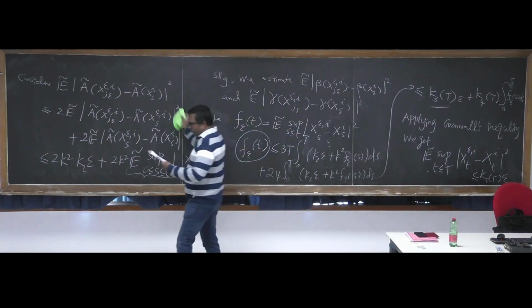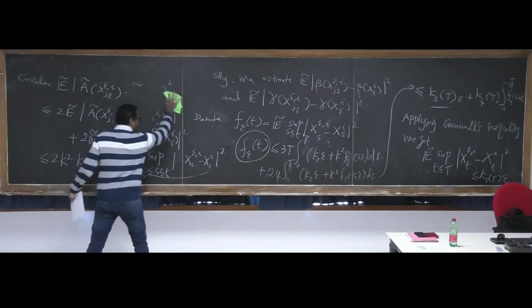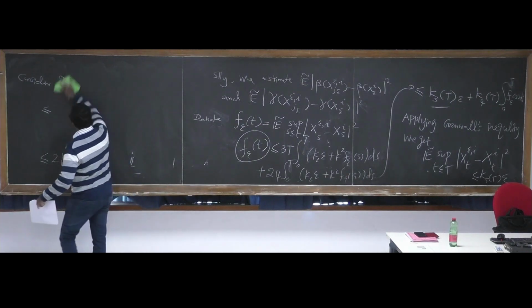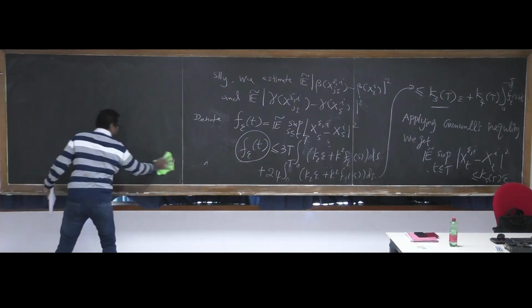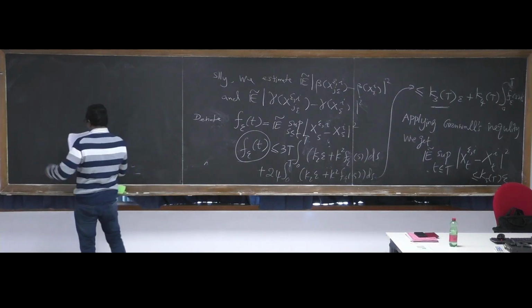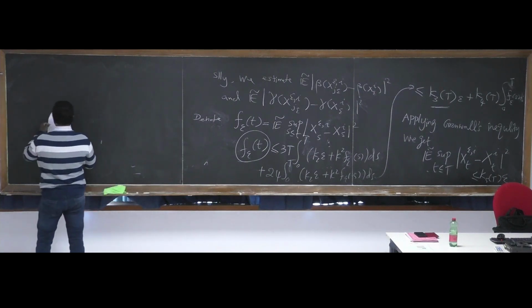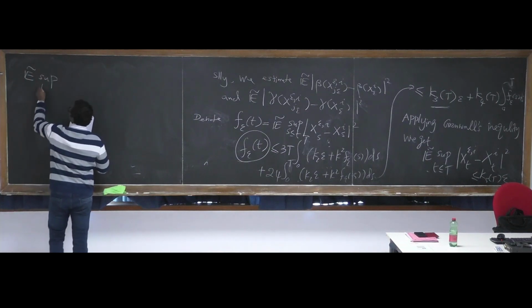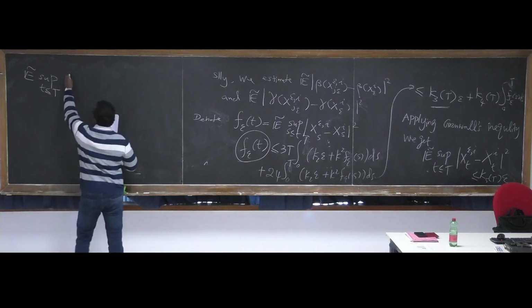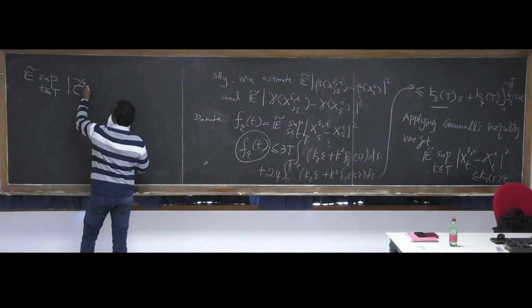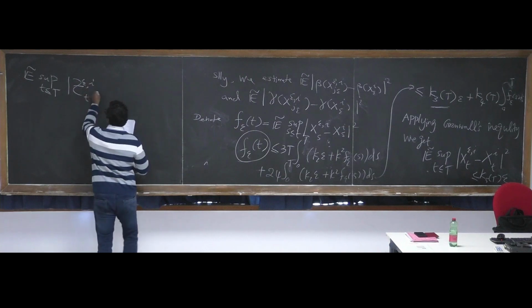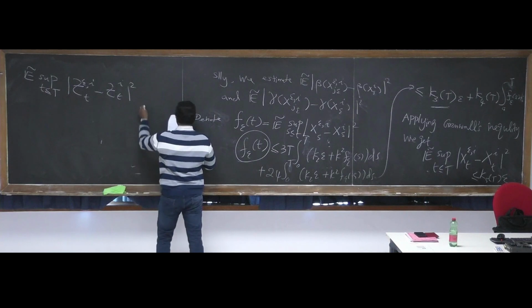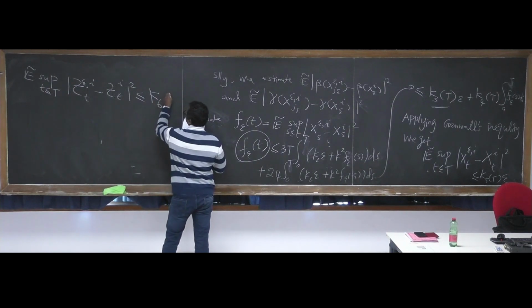Good. So following similar steps, you can achieve the same bound for Z. That means it is bounded by some constant k6.